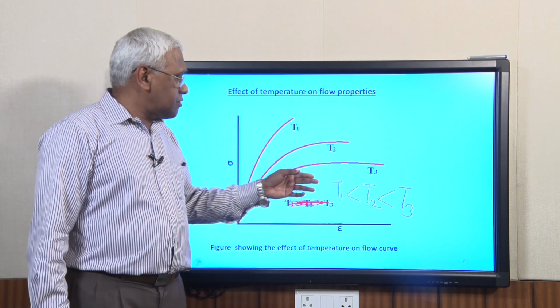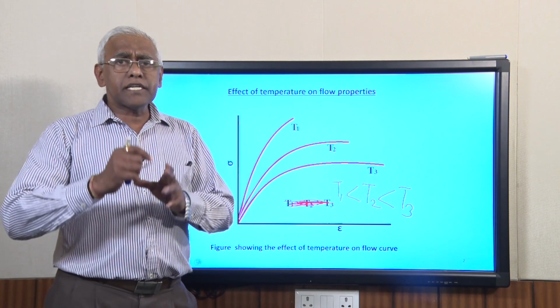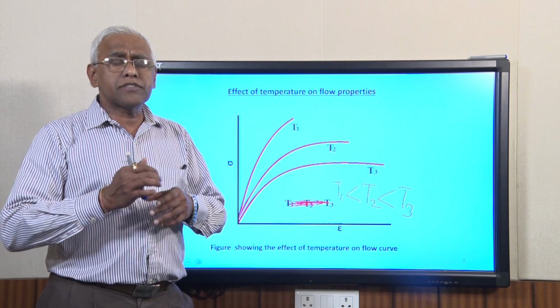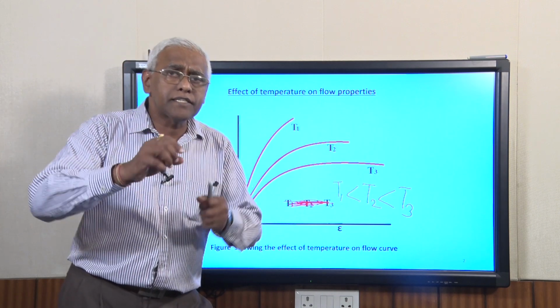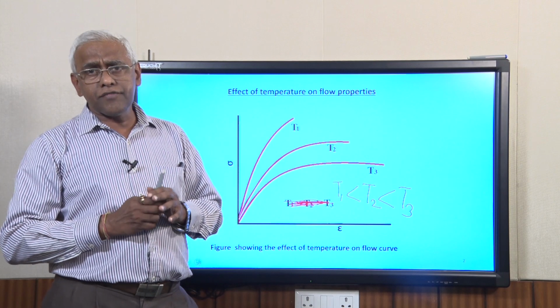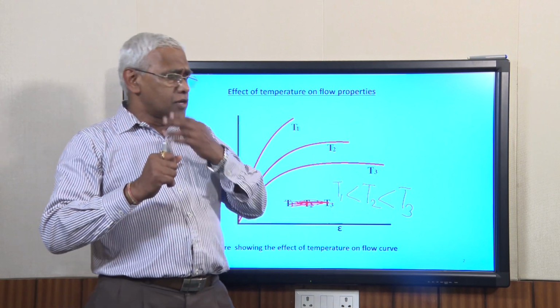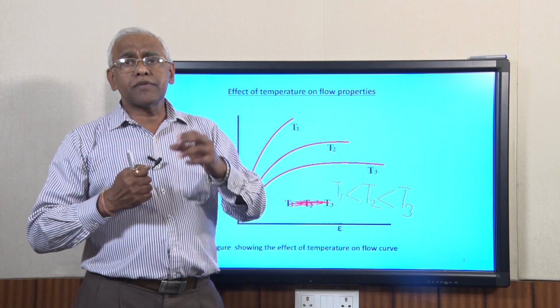But when you increase the temperature, any engineering material, especially any metallic material, it is common sense that if you heat it, it becomes much softer, and you can easily deform the material if it is heated. Otherwise, if you bend it one or two times without heating, it gets hardened and becomes very brittle.